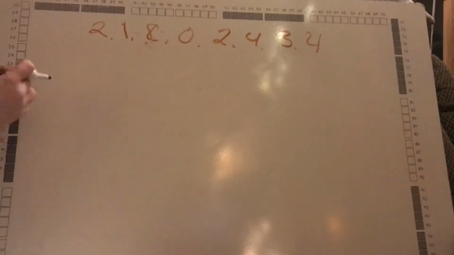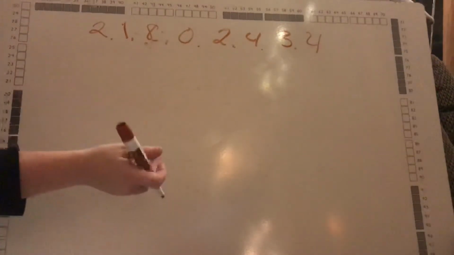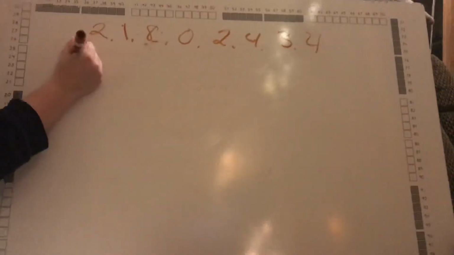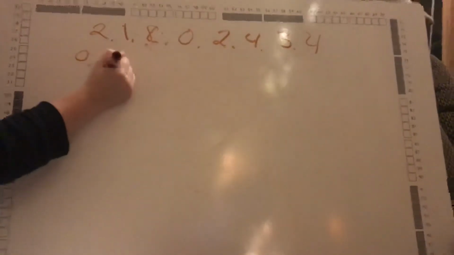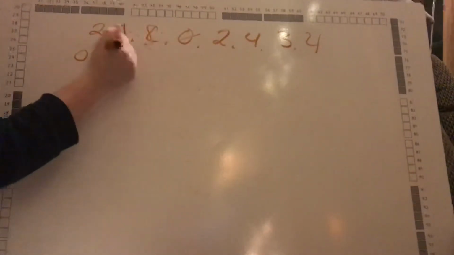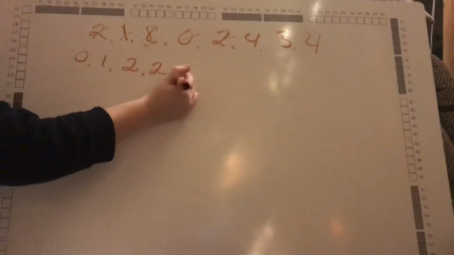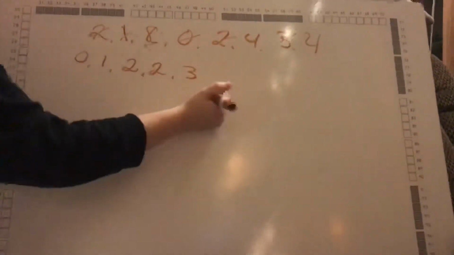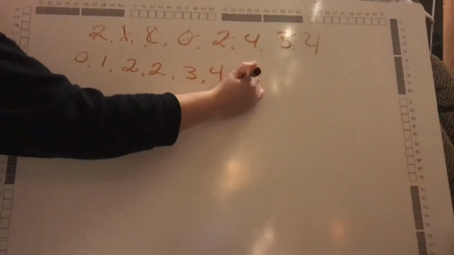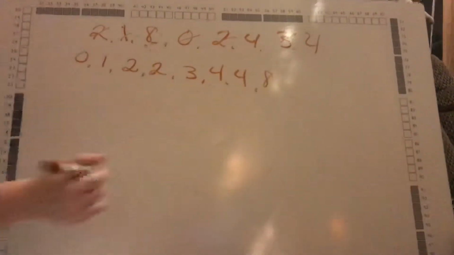Now, because we know we're going to want them in order later, the best thing to do when you have a series of numbers like this is to put them in order. So 0, 1, 2, 2, 3, 4, 4, and 8. Okay.